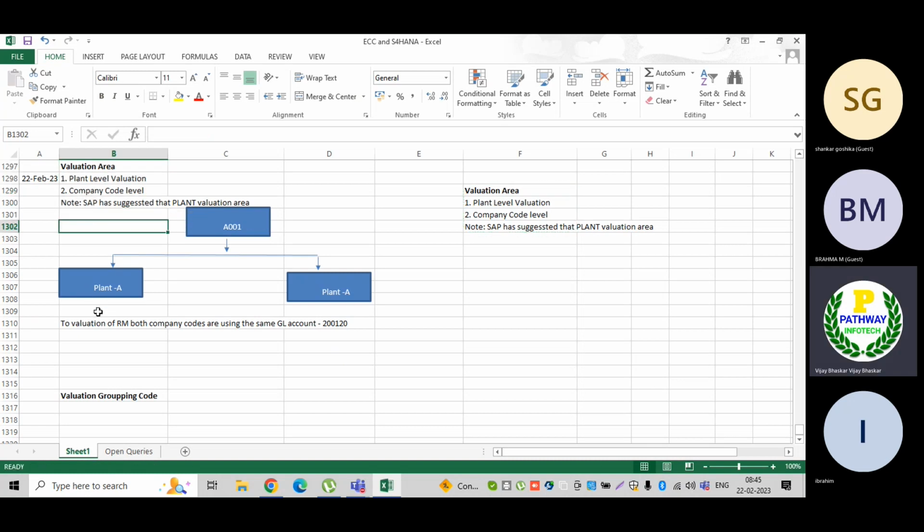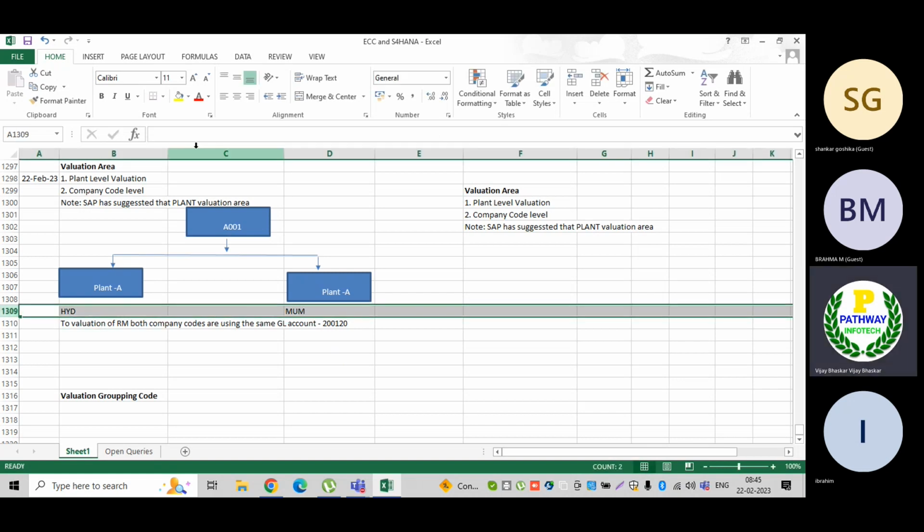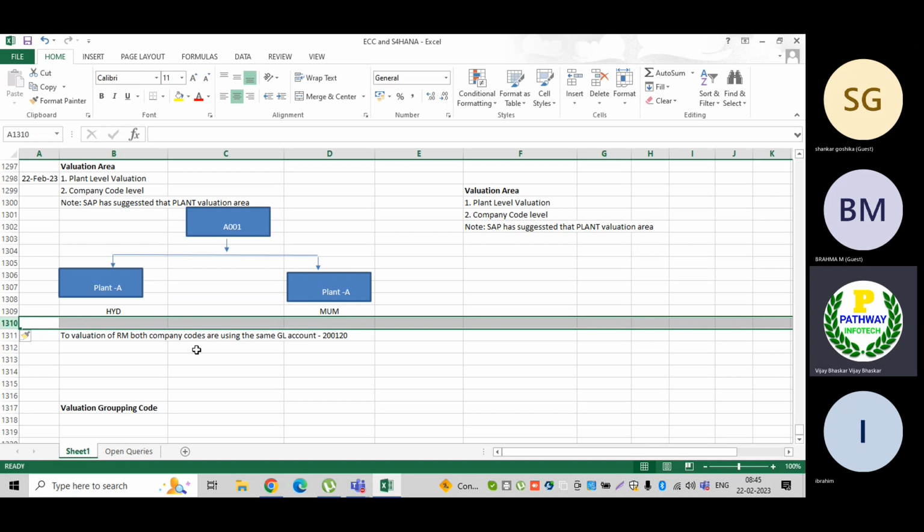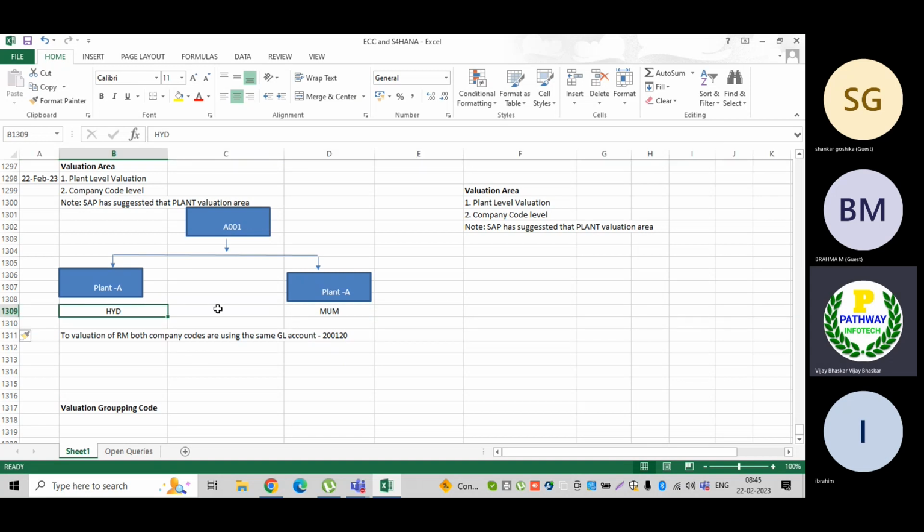Let us assume plant A is located in Hyderabad, and plant B is located in Mumbai. A simple example. So this plant is in the Hyderabad location, and this plant is in Mumbai.